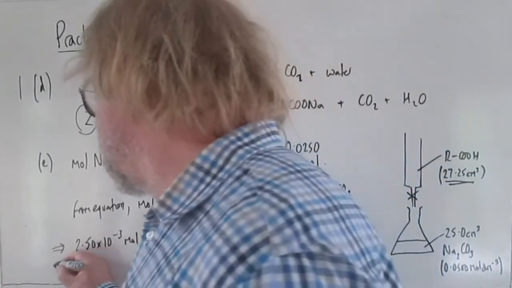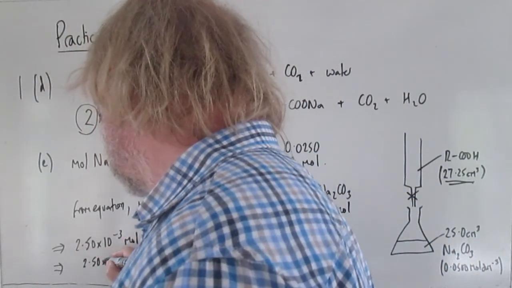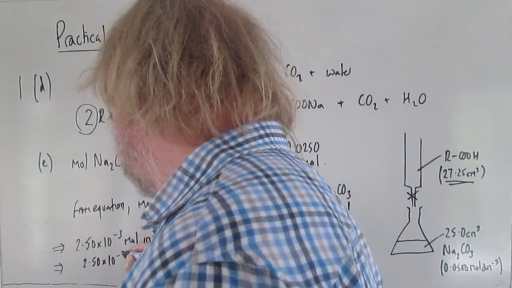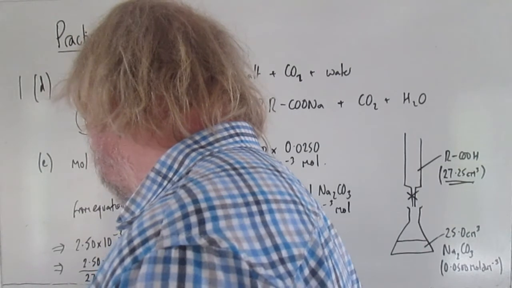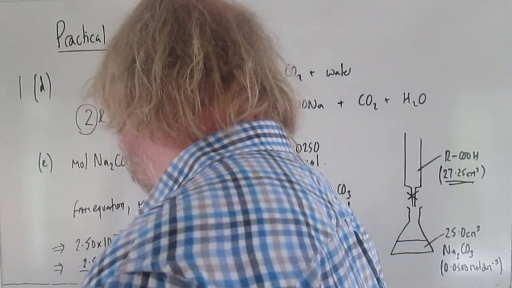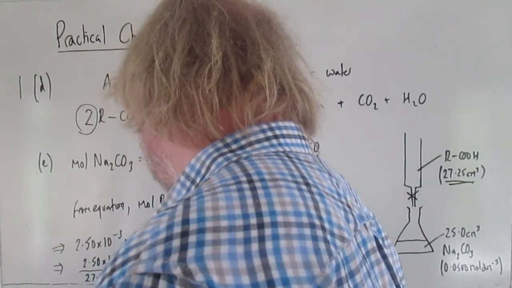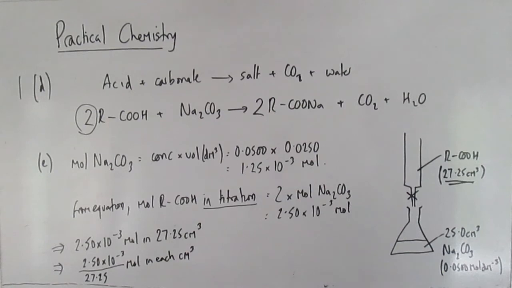So that means that we have 2.50 times 10 to the minus 3 over 27.25 moles in each cm cubed. Because we've got that many in 27.25 cm cubed, if we divide that by 27.25, we get how many moles there are in each 1 cm cubed.